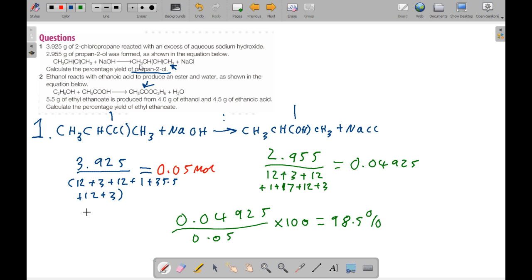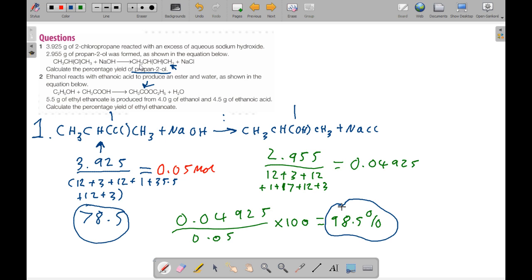Now I have worked out the amount of 2-chloropropane, which is this compound here, lined it up with the compound, and the molar mass, in case you get the molar mass wrong, is 78.5, and we get 0.05 moles from this calculation, and the amount of propan-2-ol is 0.04925. So we use the equation again. Actual amount over theoretical gives us 98.5% yield.